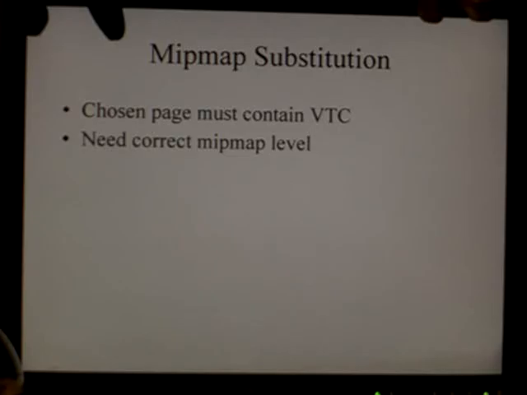The reason we can make it work is that as long as we know what mip level the page entry that we just loaded refers to, what mip level that physical page represents, then we can do the correct scaling to compute the offset within that page. So as long as we know the mip level, we can make any mip page that we happen to load work.